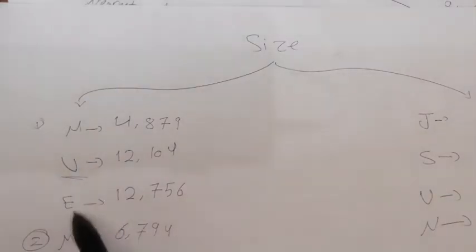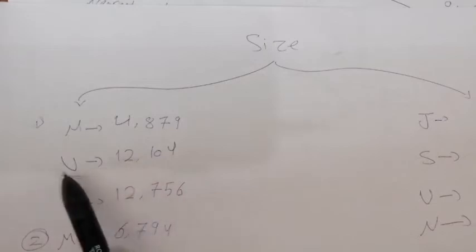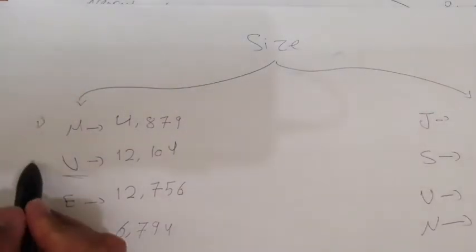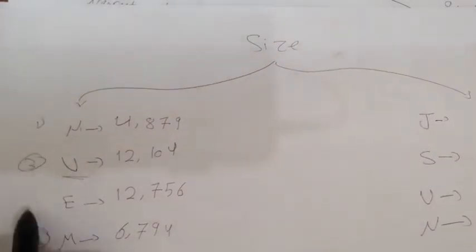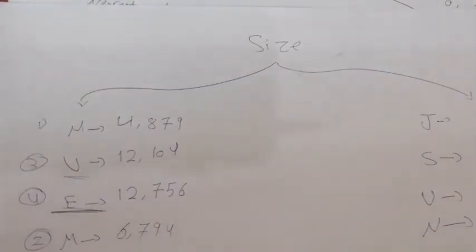And Venus and Earth both are 12,000, but Venus 104, Earth 756. So third, Venus, and the biggest planet in the inner planets is Earth.